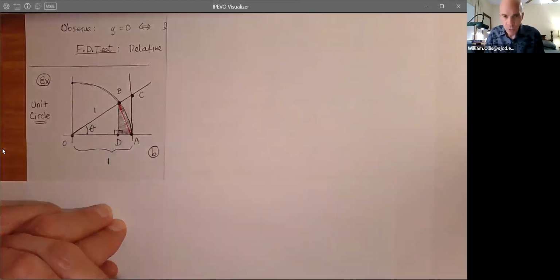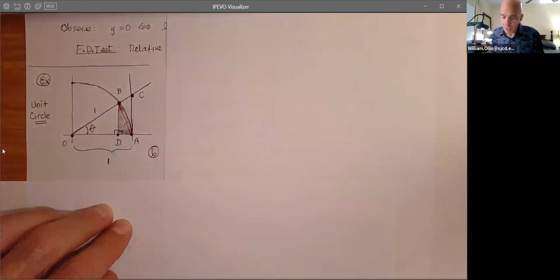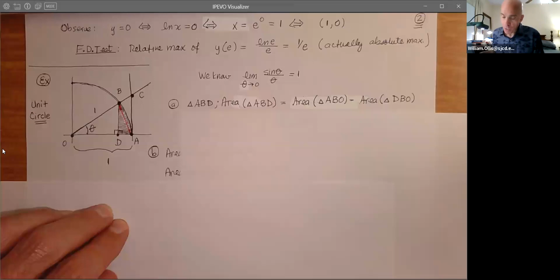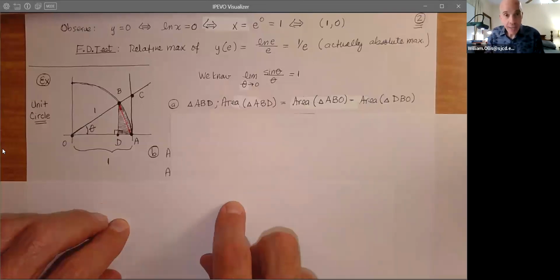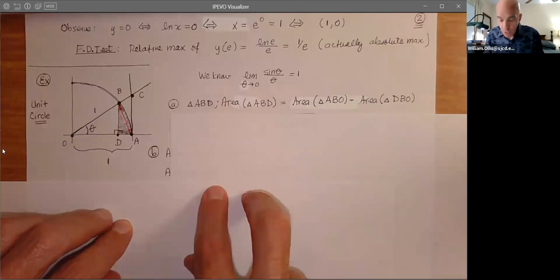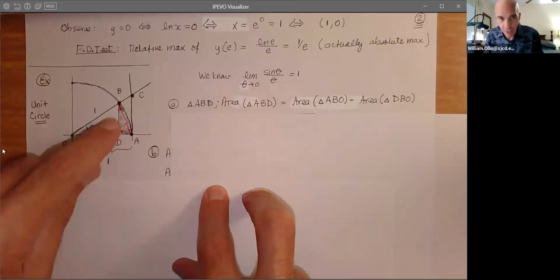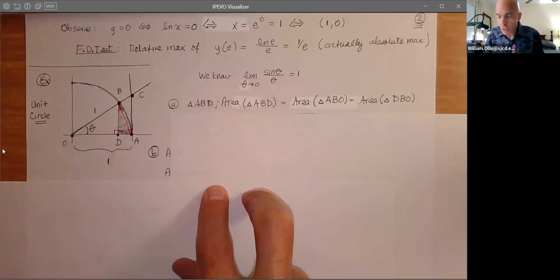Now, what we want to do in this particular problem, this is a four-parter. First, we want the area of triangle ABD. So first, ABD. I put the red line here for the hypotenuse, triangle ABD. Now, in order to do this, we can actually take the difference of two triangles.